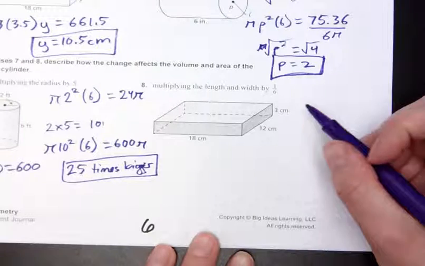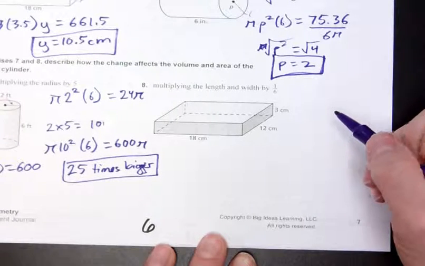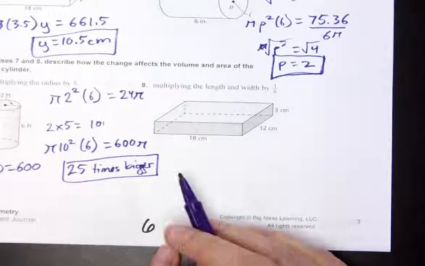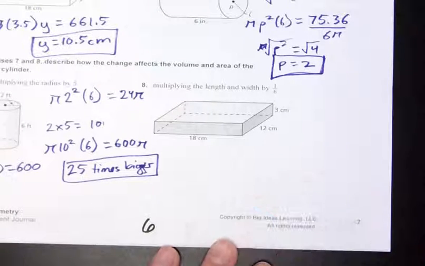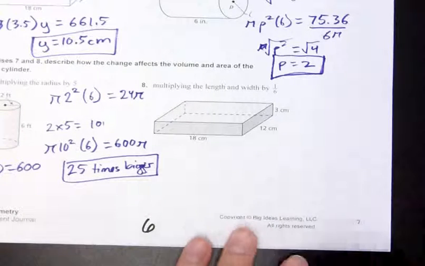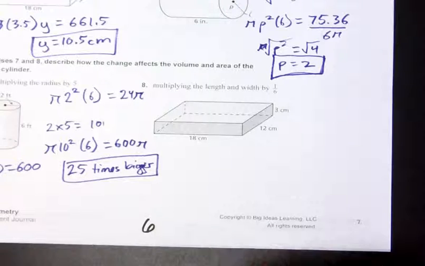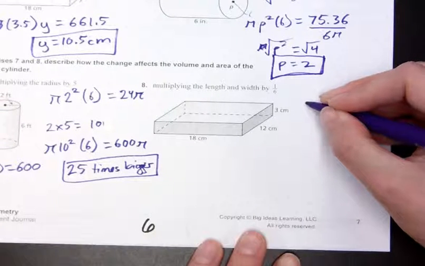Okay, so this one, BJ. What would I do to find the volume of this original one? Just original volume. You use your formula. You gotta go back and look at the formula.